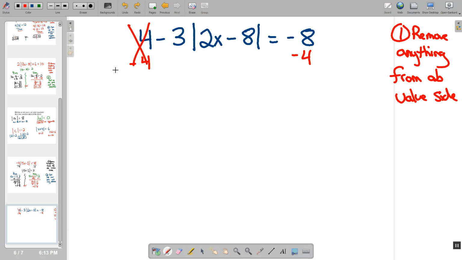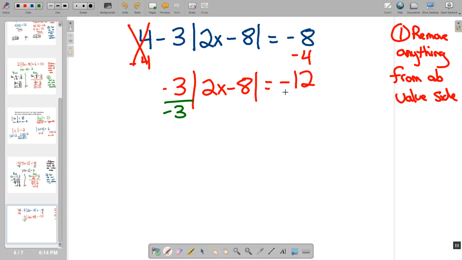People really mix this one up and add 4 to both sides because they see that negative behind. Always be looking at the number in front. So I get negative 3 times the absolute value of 2x minus 8 equals negative 12. Now I can remove the negative 3 by dividing everything by negative 3. So I get the absolute value of 2x minus 8 is equal to positive 4.